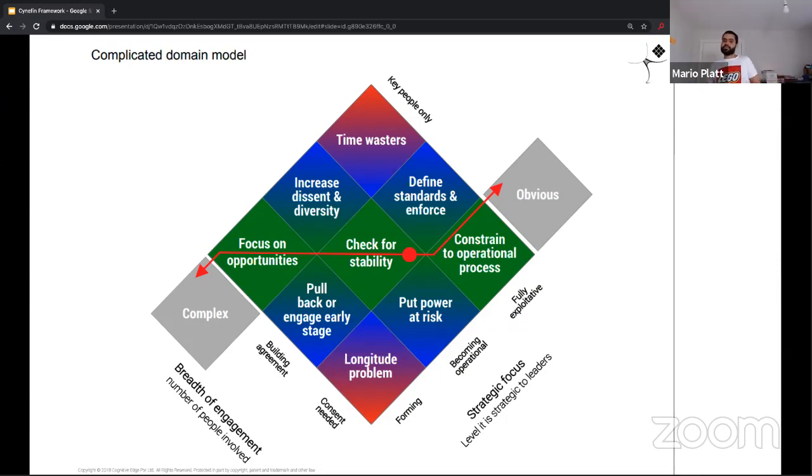So after we consider it stable in producing the intended results, we can then constrain it to move to an operational process. Okay, and then we have the edges. So at the bottom we have the longitude problem.